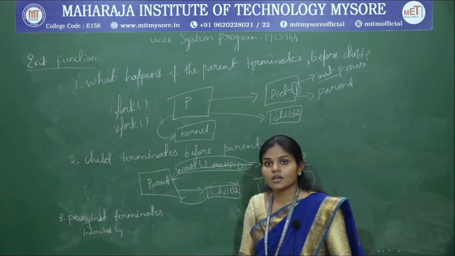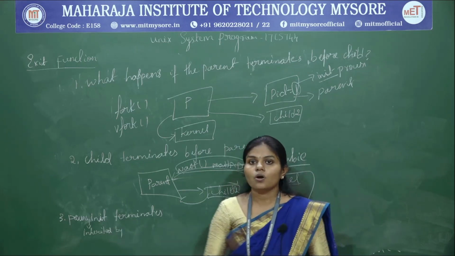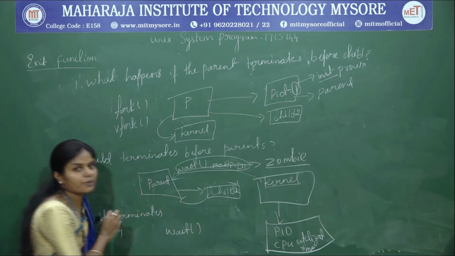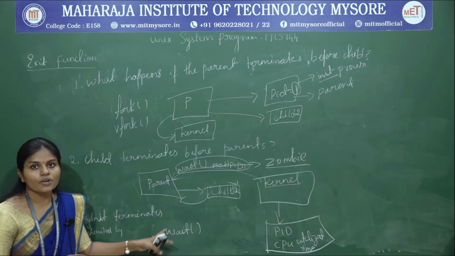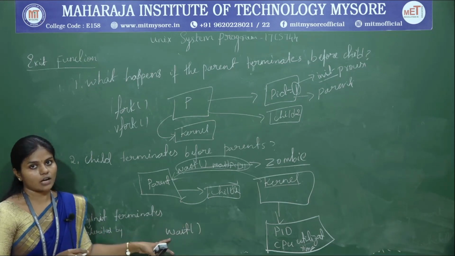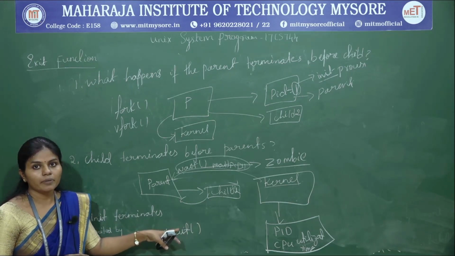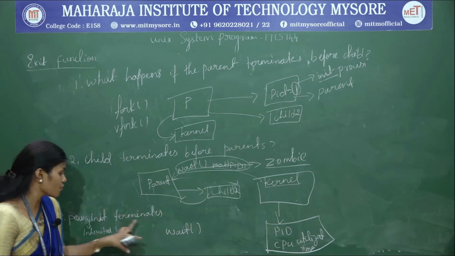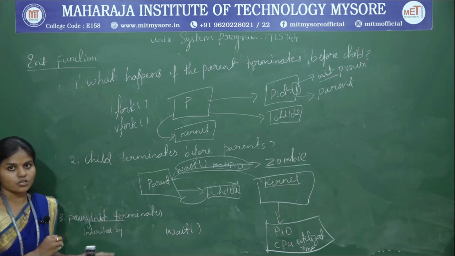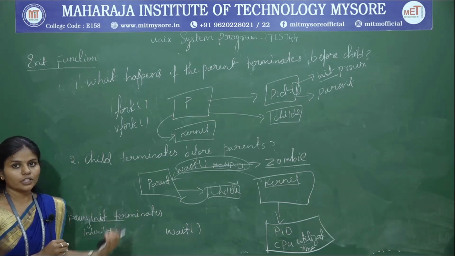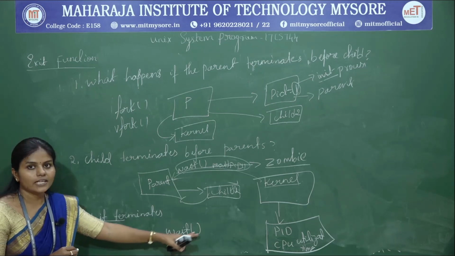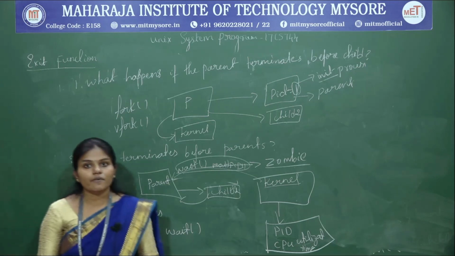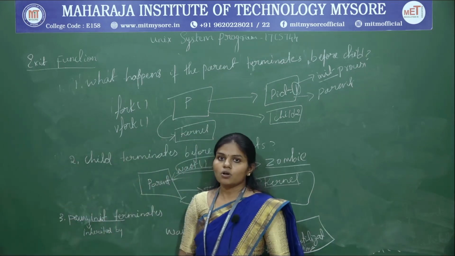In that case, the init process is going to call the wait or waitpid function to get to know whether the process is terminated or not. If it is terminated, it gets the information from the kernel. So the init process gets the information from the kernel by using the wait and waitpid functions. By doing this, it prevents the process from becoming a zombie.